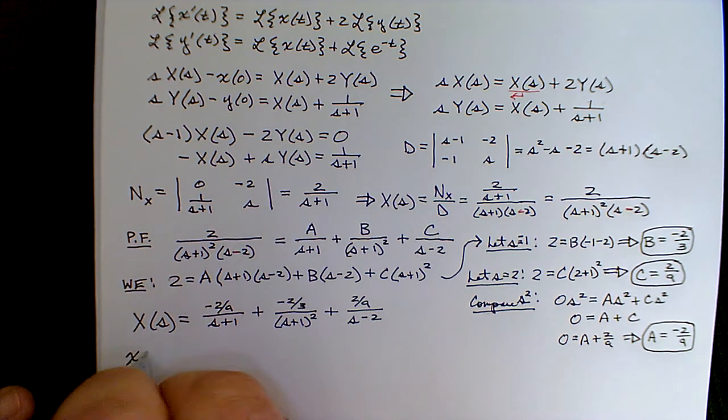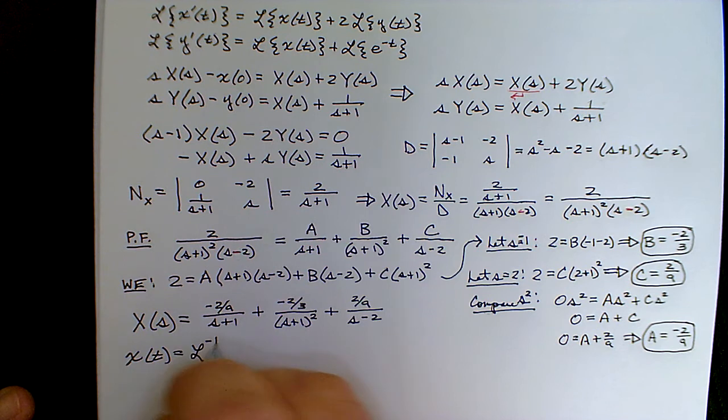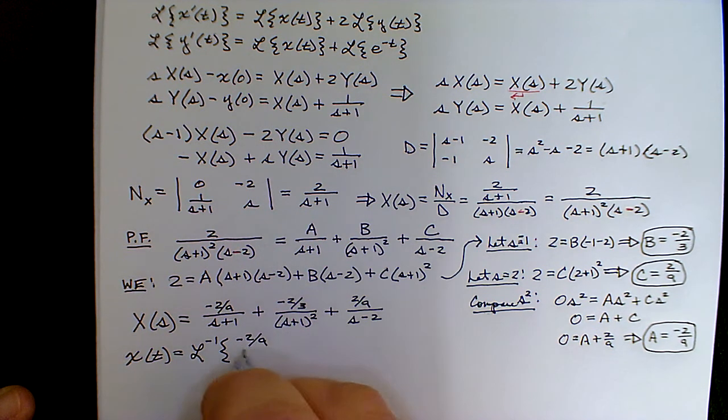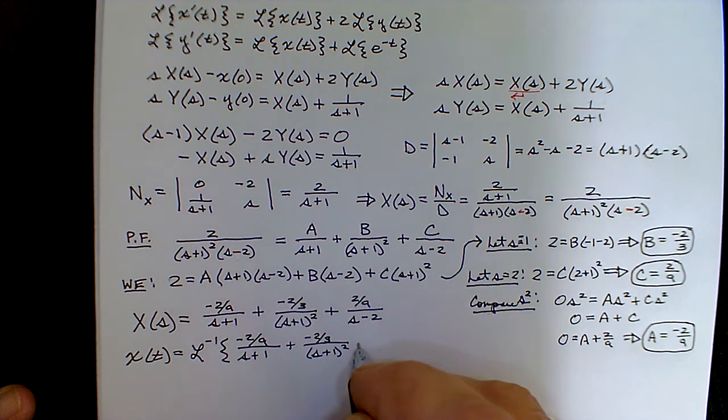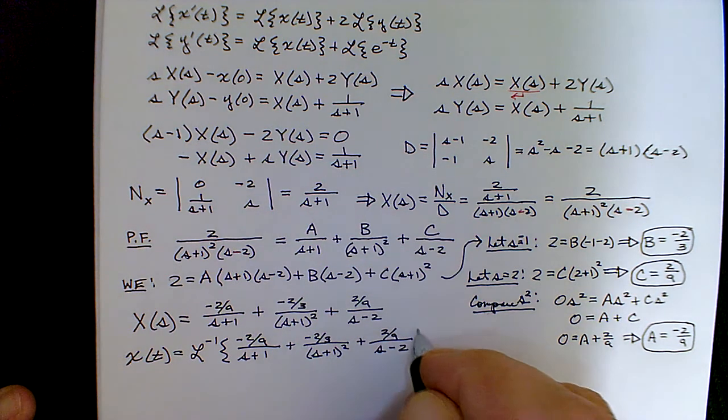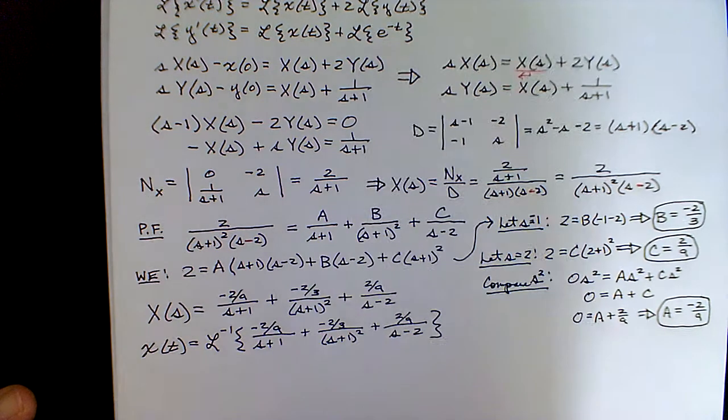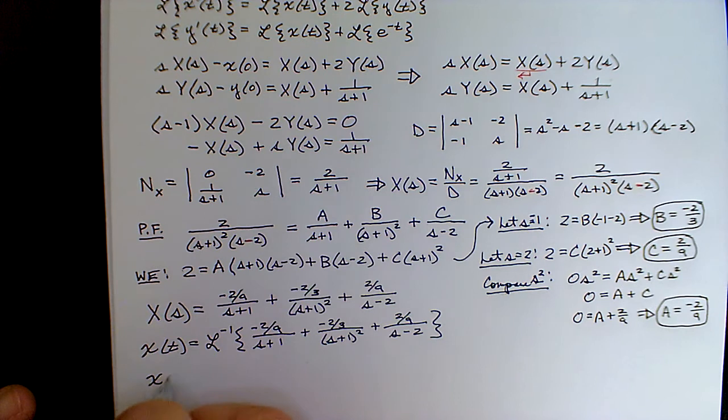So now x of t is the inverse Laplace of this. I suppose this step you could actually skip and go right to using the linearity property and setting this up. If I run out of room, maybe I'll do that when we go for the y's, but I'll take the time to show that there.